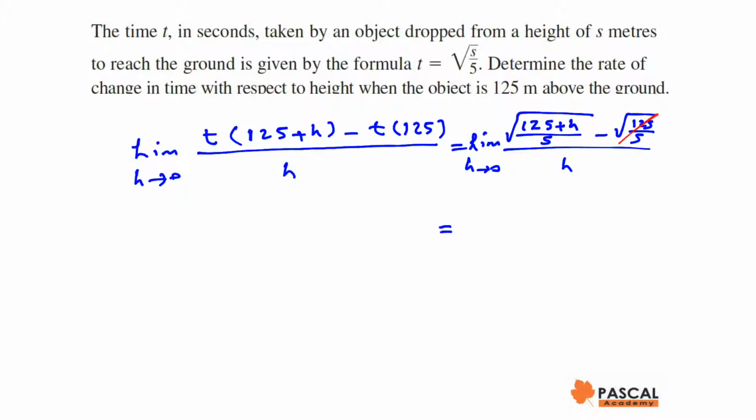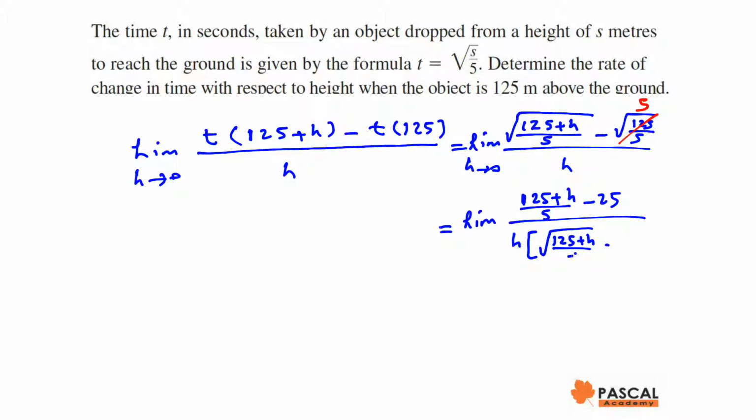125 over 5 is 25 and its square root is 5. If we multiply and divide by the conjugate of the numerator, the numerator of the fraction would be (125+h)/5 - 25, and the denominator would be h times the conjugate of the numerator.